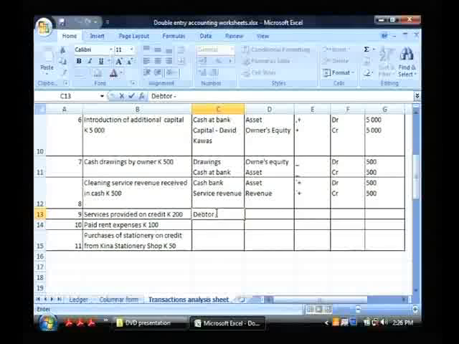The accounting term to describe credit customer is the debtor. So in this case the debtor is Guruka restaurant.